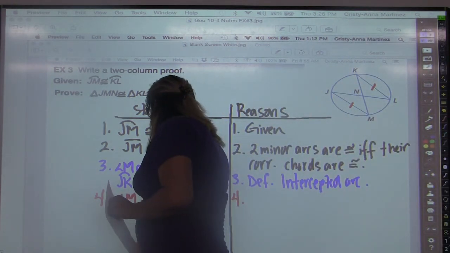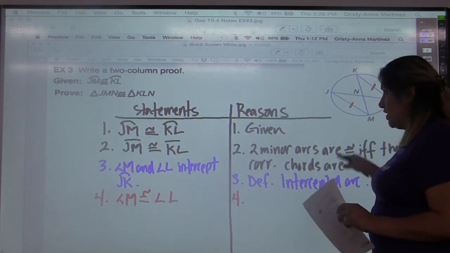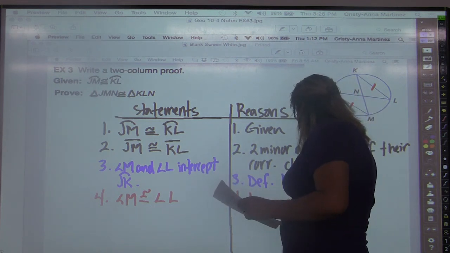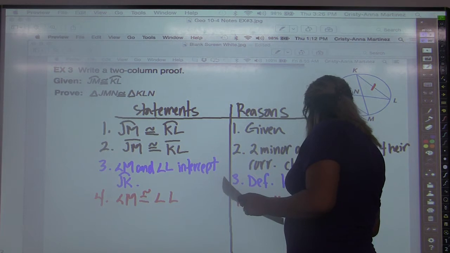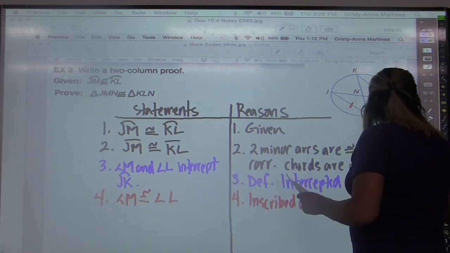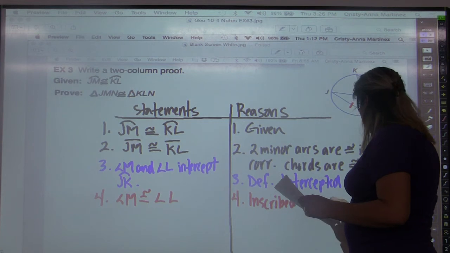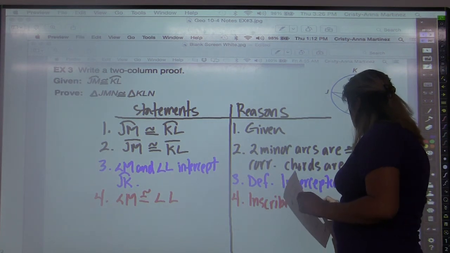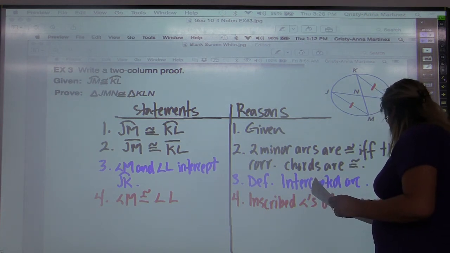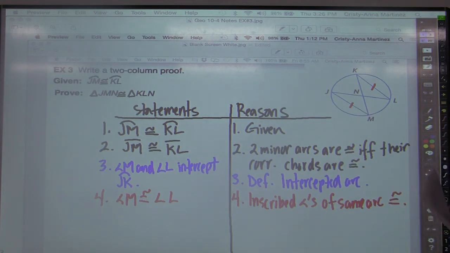So angle M is now congruent to angle L by theorem 10.7, which we just had before example 2, which basically says that inscribed angles of the same arc are congruent. I'll abbreviate it like that. Inscribed angles of same arc are congruent.